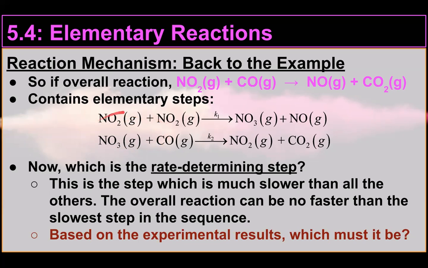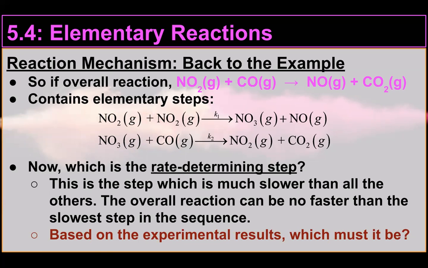So I have one NO2, I have a second NO2, and since our rate law is K times NO2 squared, that square tells us that we have 2 NO2s as reactants in the rate determining step. Okay. So again, the rate determining step is the step that is a lot slower than the other steps.